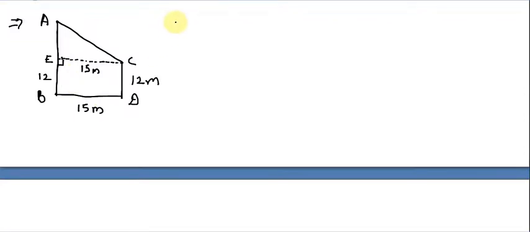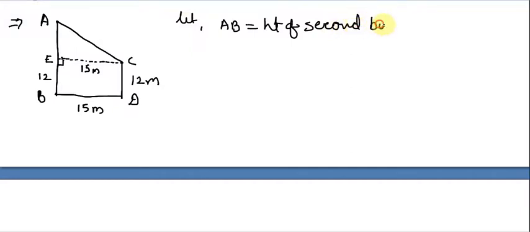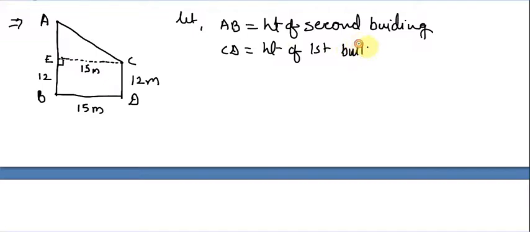So let's write it. Let AB equal to the height of the second building, that we have to find. CD equal to the height of the first building equal to 12 meters.